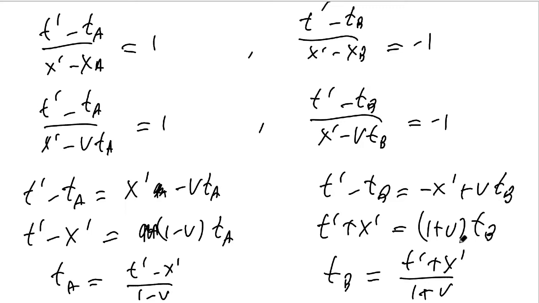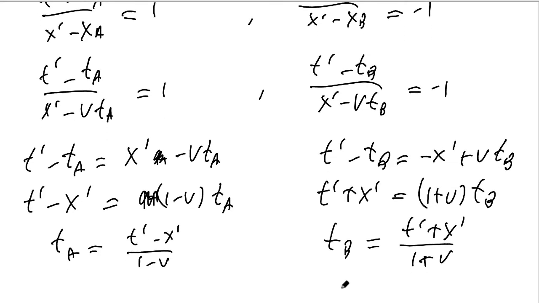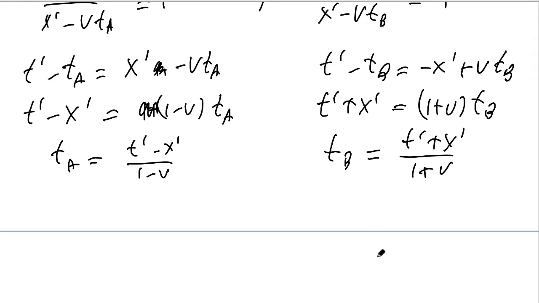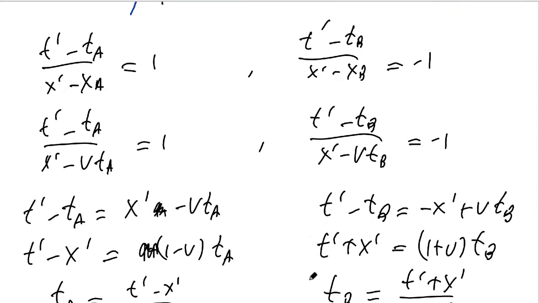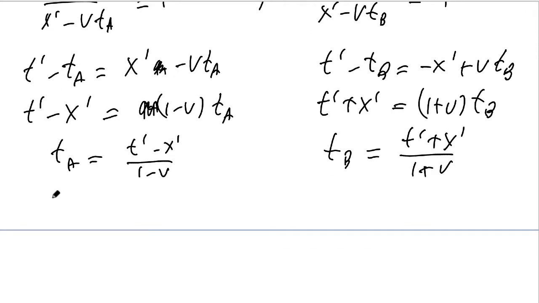Okay, and now the time that the observer assigns to this event at t prime, x prime is the mean of ta and tb.